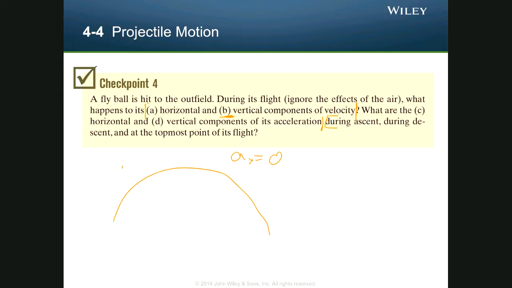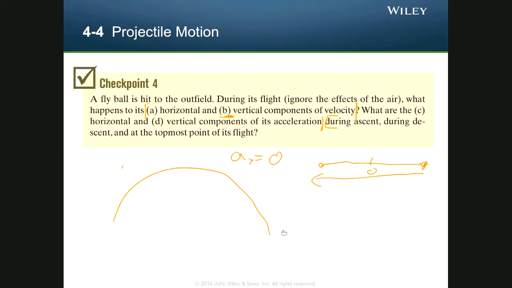So we expect A to be unchanged. Actually, AY doesn't change.